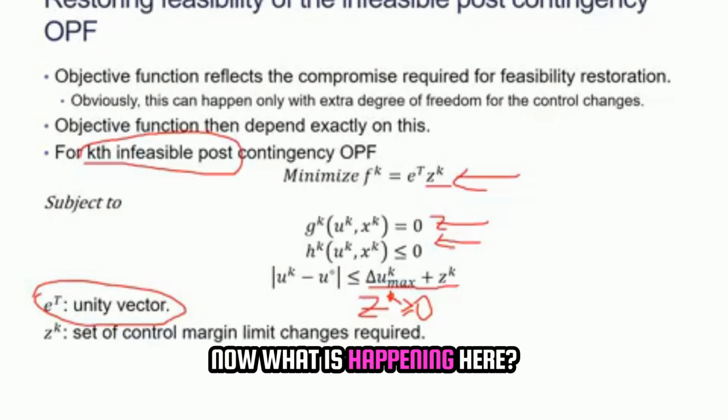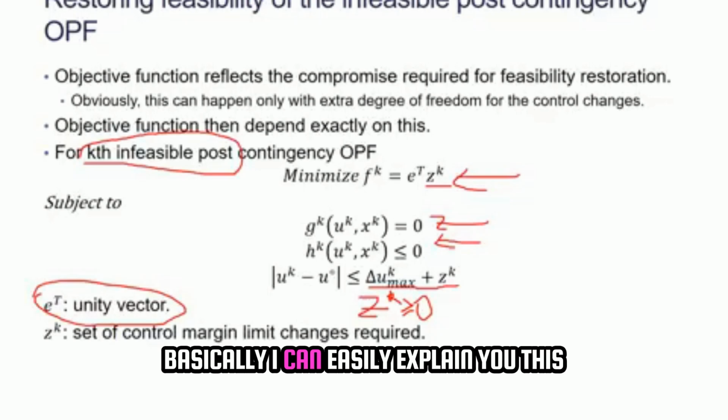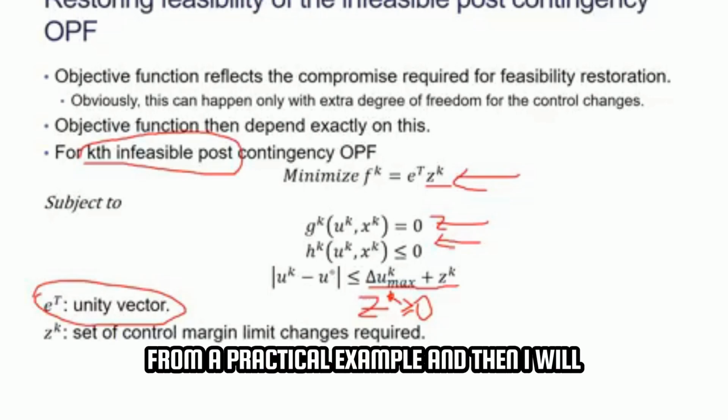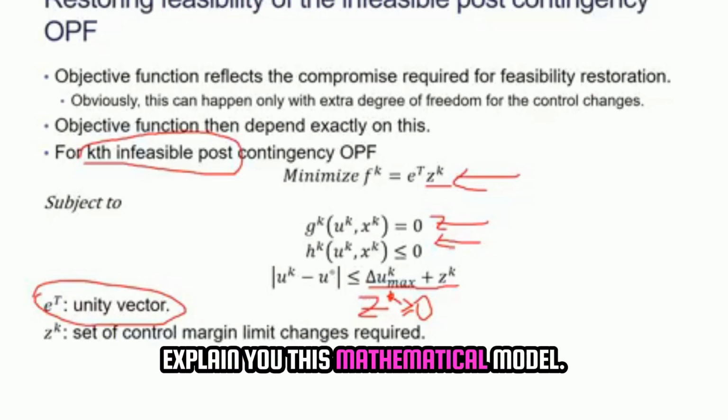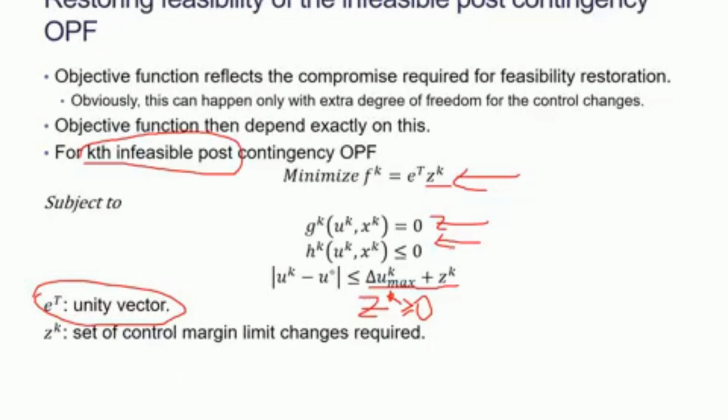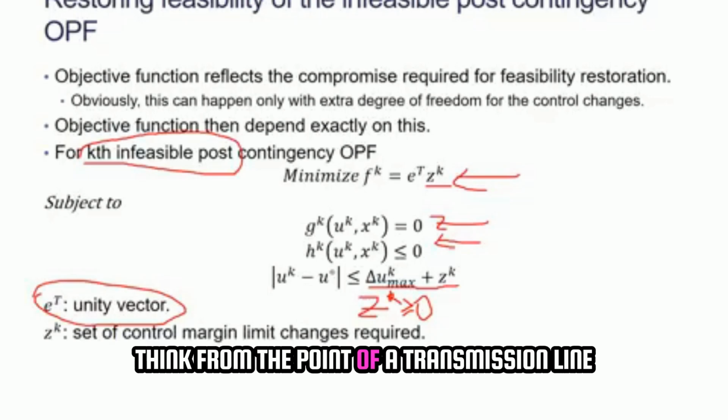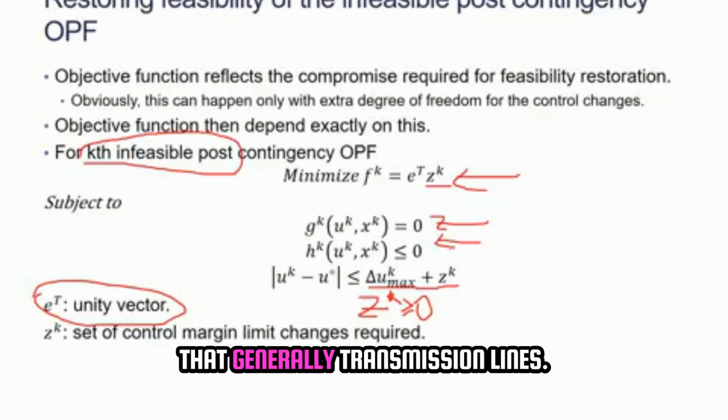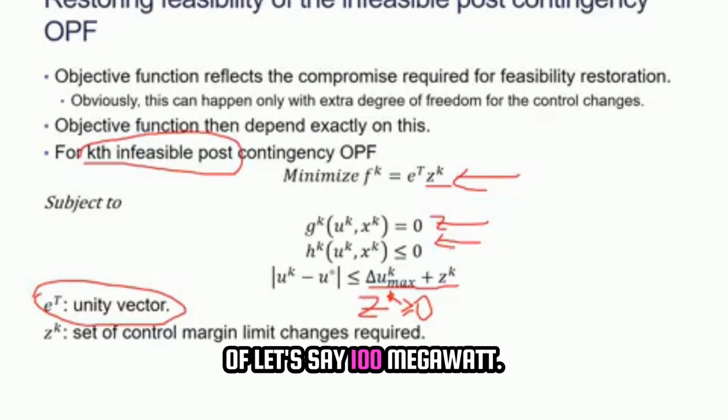Now what is happening here? I can easily explain this from a practical example, and then I'll explain the mathematical model. Think from the point of a transmission line. Let's assume a line has a manufacturer rating limit of, let's say, 100 megawatt.